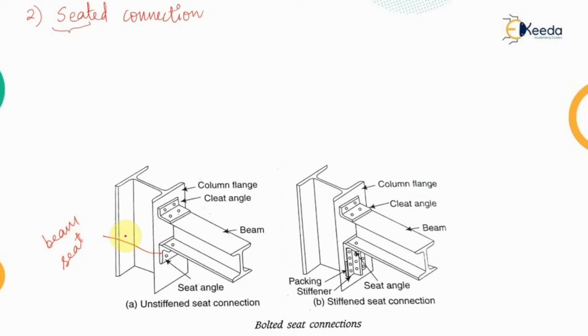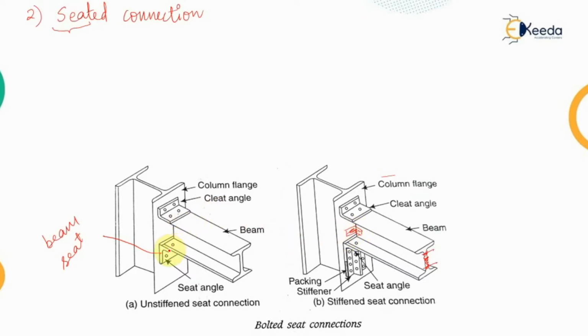Now what is the purpose of this, and why are we deviating from the framed connection? The purpose of moving on to the seated connection is that when the depth of the web of the beam is insufficient, or the width of the flange of the column is insufficient to carry any angle section which was provided in the framed connection, it is necessary to provide the angle at other locations.